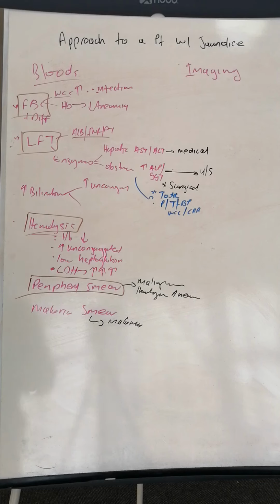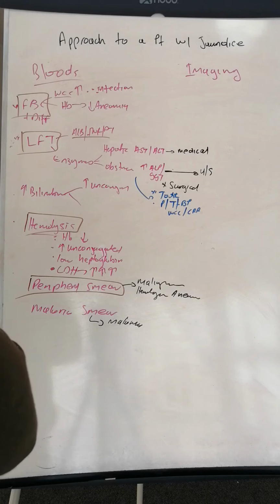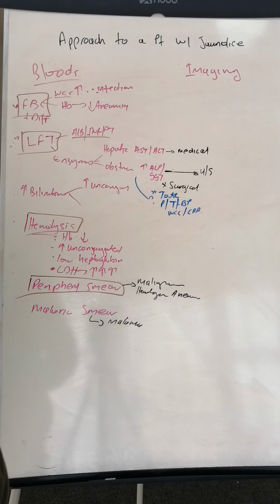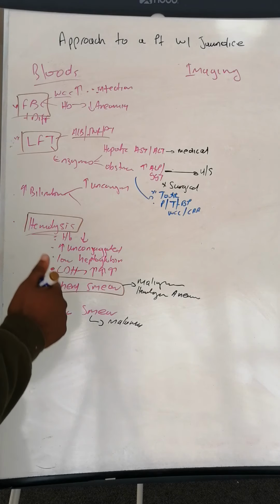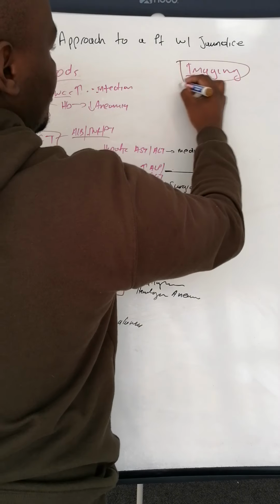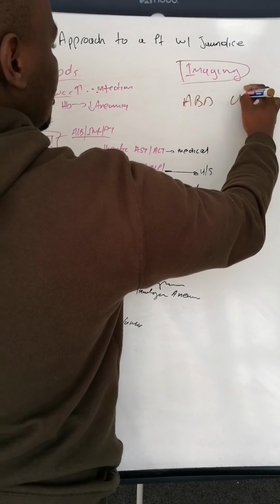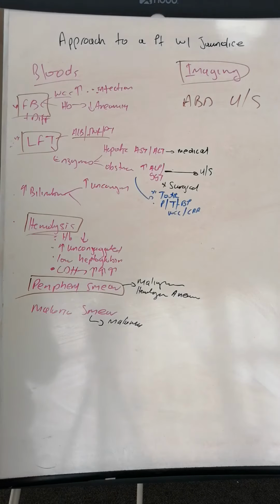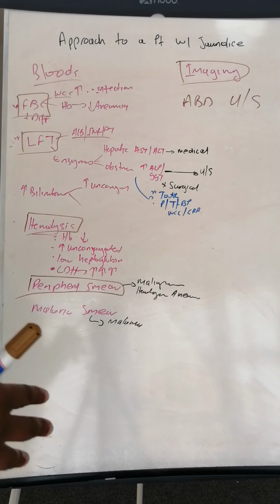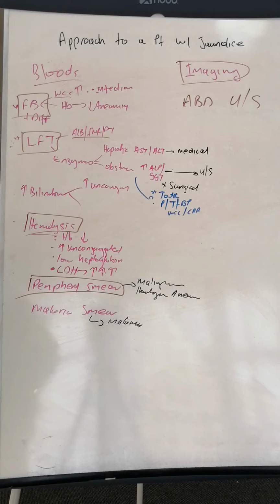Let me see if I'm leaving anything. So when you've got a patient that has got jaundice, you will never do any harm if you send this patient for an abdominal ultrasound to look at the liver. What is happening inside the liver? Is the liver draining clearly? Is there an obstruction in the liver? How is the spleen?